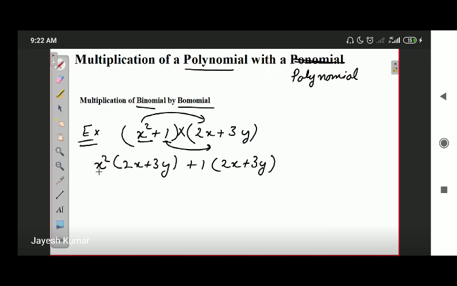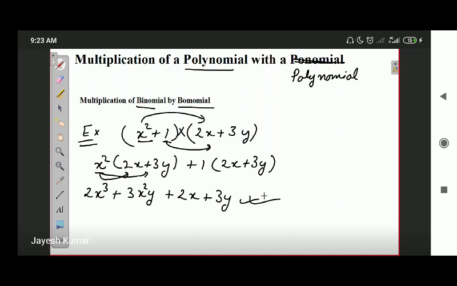We can multiply x square with 2x and 3y separately. x square multiplied with 2x results in 2x cube. x square multiplied with 3y results in 3x square y. And when 1 is multiplied with anything, the result is always the same. So this will be your final answer.